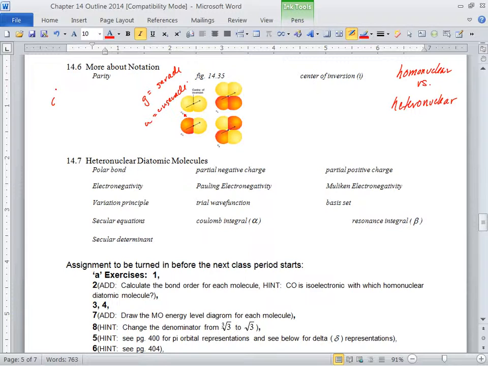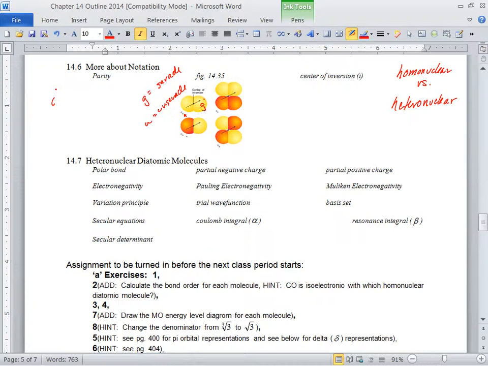So on these molecular orbitals, they have the little symbols, the sigmas and the pi's and that kind of stuff, but they also have an additional little symbol, g or u, depending on the center of inversion. When you reflected through, did you get the same thing? So all molecular orbitals have to have g's and u's for what type of molecule? Homonuclear. Now, it's g if you reflect through that molecular orbital and you get the same thing again.